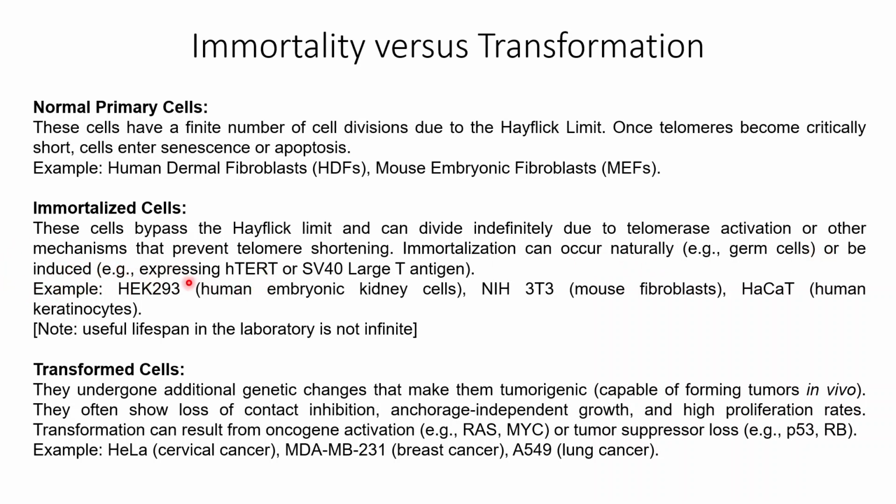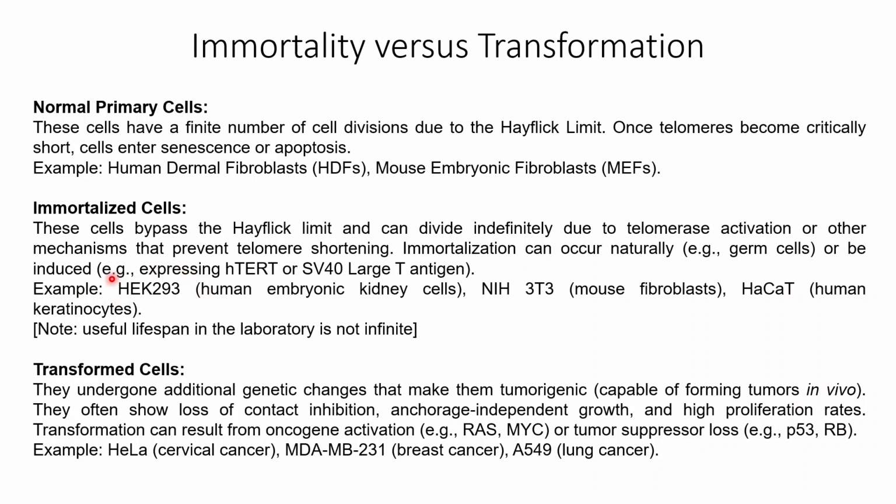They will express hTERT or SV40 large T antigen, which cause excessive upregulation of telomerase activity. For instance, hTERT is delivered in the form of a virus, and you can infect your cells with it. It will integrate into the genome of the cell, and it will give high telomerase activity, which will keep the telomere long forever.